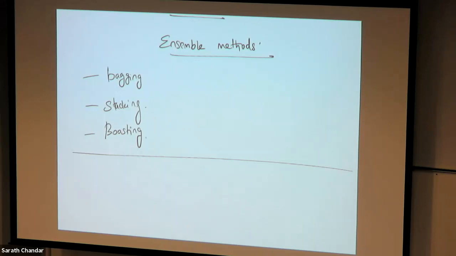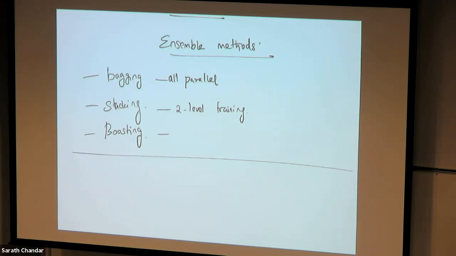So this is all parallel. In the case of stacking, it was 2-stage training, where you first train a bunch of classifiers in parallel, and then you train the meta classifier on top of these classifiers, right?